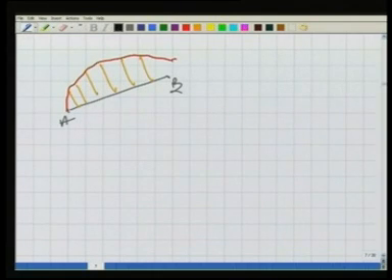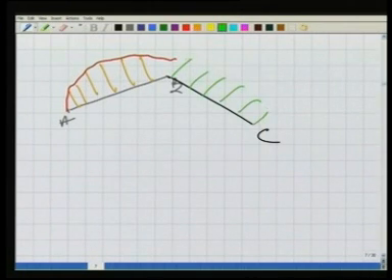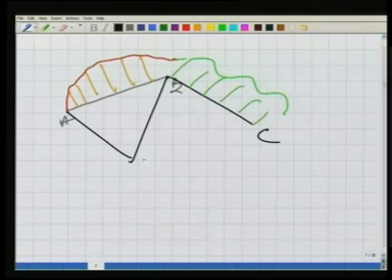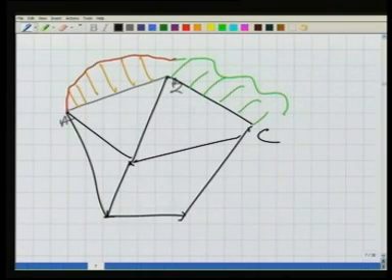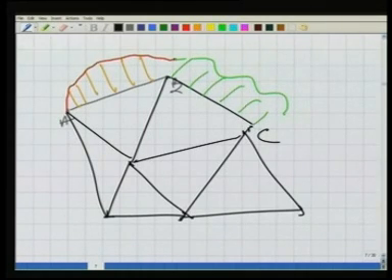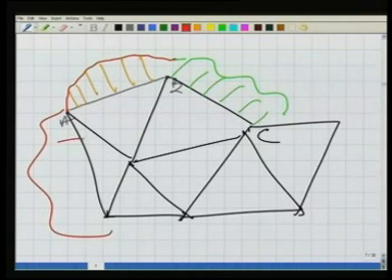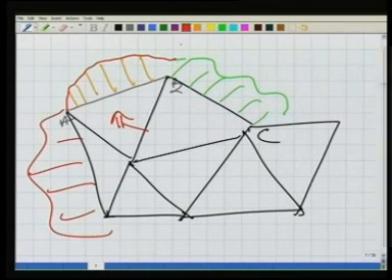Then I have another line BC, and I also have the other set of offsets, so that plots the other set. Similarly, this entire skeleton can be plotted this way, and the entire area can be plotted because we know all these offsets. For this house, for example, the offset was taken from here. For this tree, the offset was taken from here.